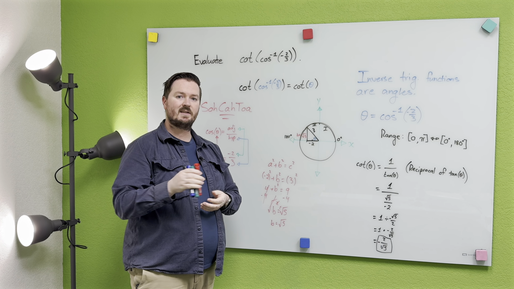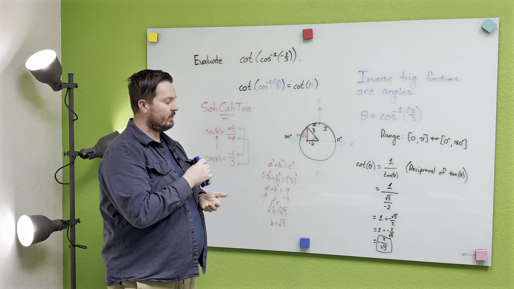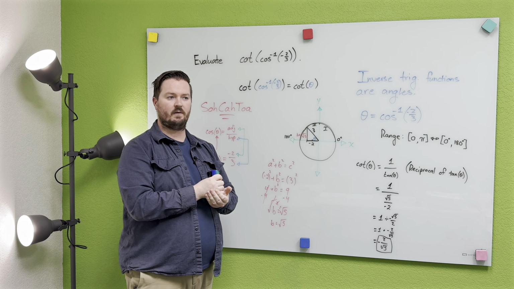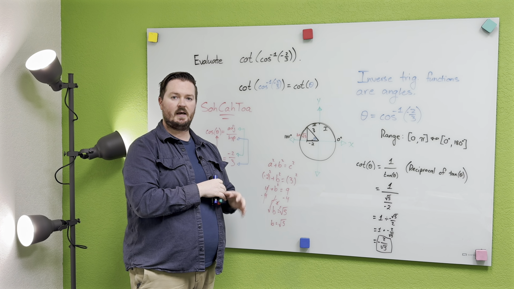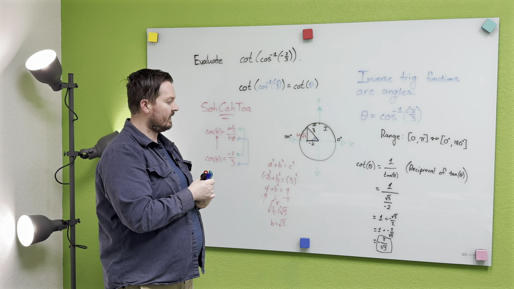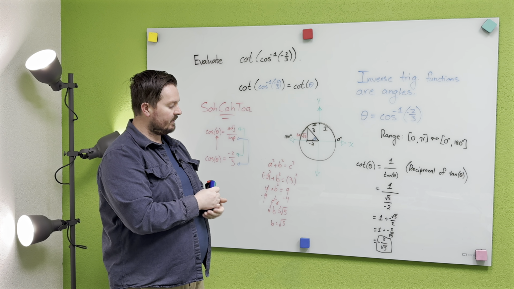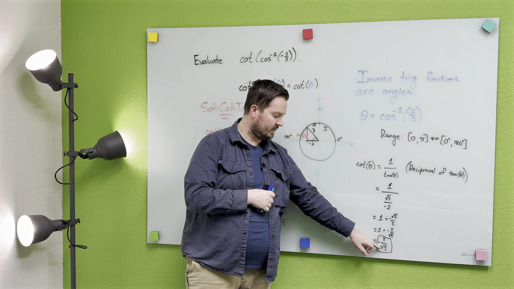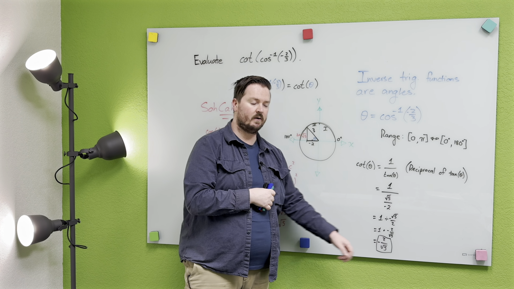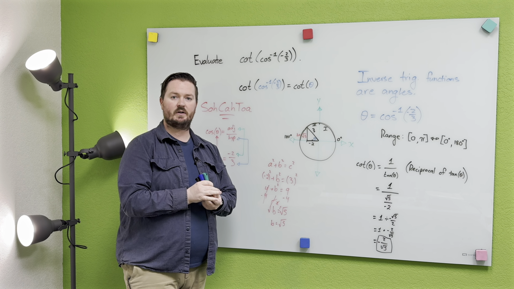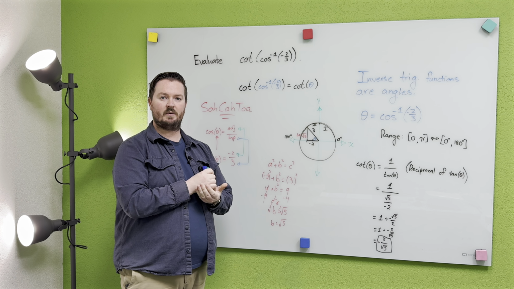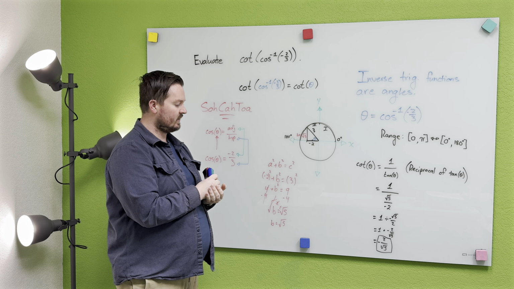Now, one last point. If you're in high school or if you're in college algebra at kind of a more beginning level, it's very common for us to want to rationalize the denominator. That's absolutely fine if you want to rationalize the denominator. I'll post another video where we talk about rationalizing denominators.